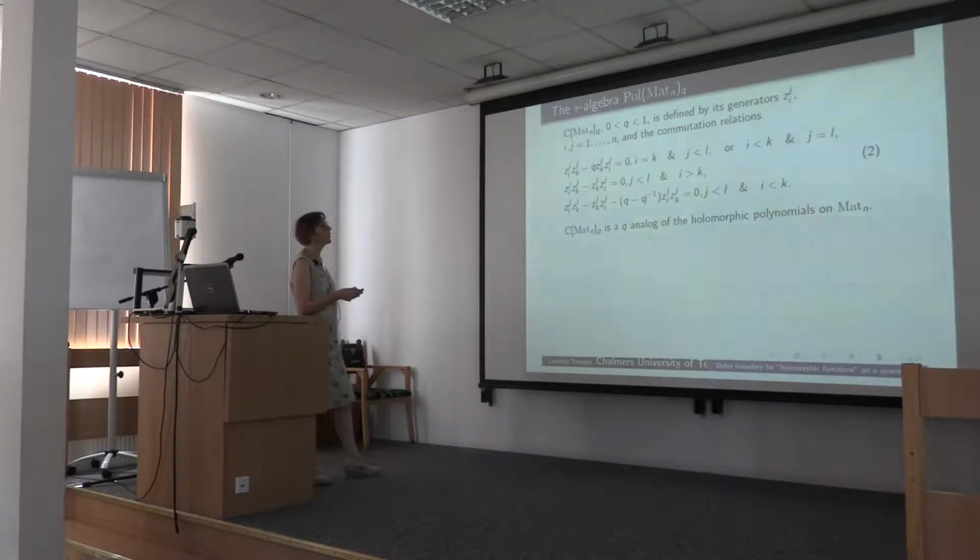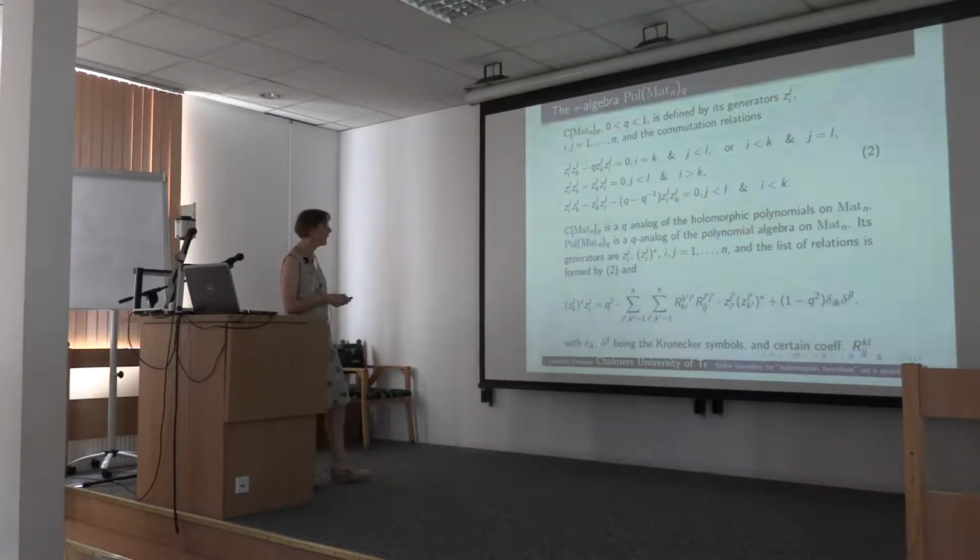So this is an algebra with generators t_ij, which satisfy some q-commutation relations, some relations with this parameter q from 0 to 1. This algebra is quite well known in quantum group theory, so we will call it the q-analog of holomorphic polynomials on n by n matrices.